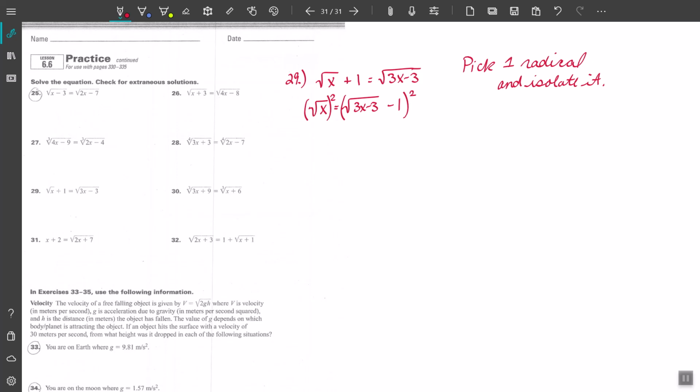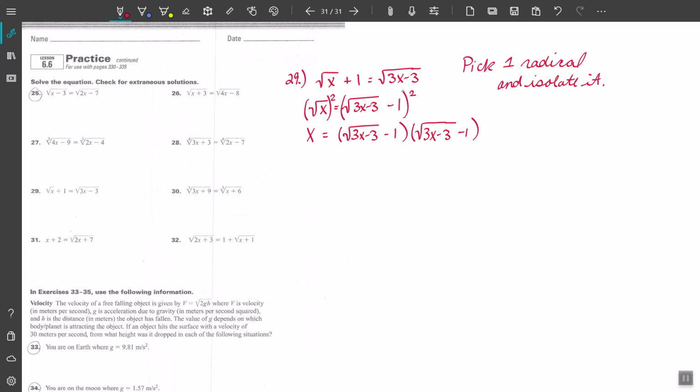So you can see that by doing that, it's become a little bit more of a challenging problem because we have a binomial over here that we're going to have to use FOIL on. So this side simplified very easily, and over here, I'm going to write it out: the square root of 3x minus 3 minus 1 times the square root of 3x minus 3 minus 1.